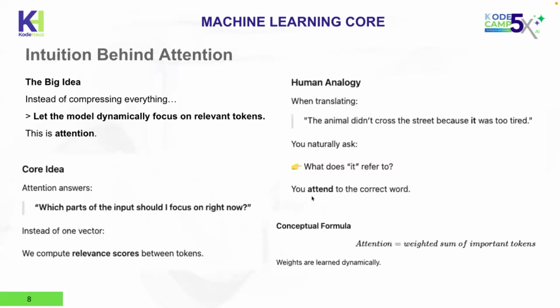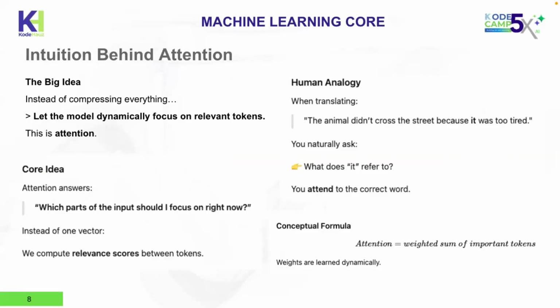So we already talked about attention. What was the whole idea? The idea was, let the model focus on the relevant tokens, and that's it, right? Let the model figure out which tokens matter to this particular word. So attention answers that question: which part of the input should I focus on right now?